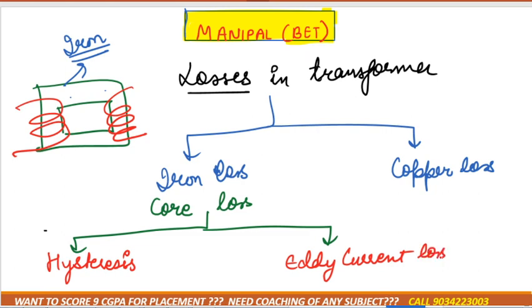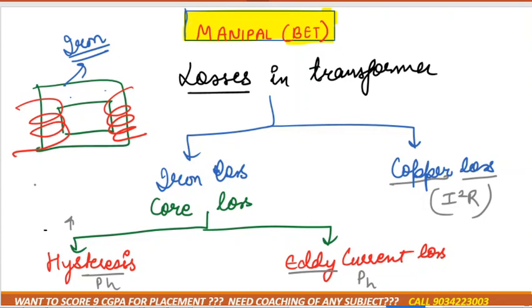Got it? Next we have the formula for copper loss. Copper loss formula is I squared R. The eddy current loss and hysteresis loss formulas you will get directly from your handbook.